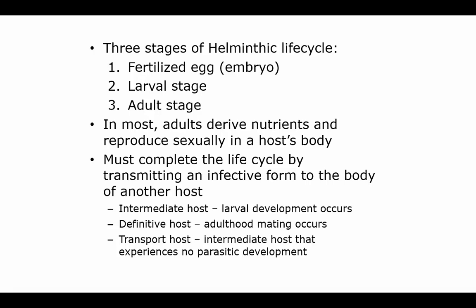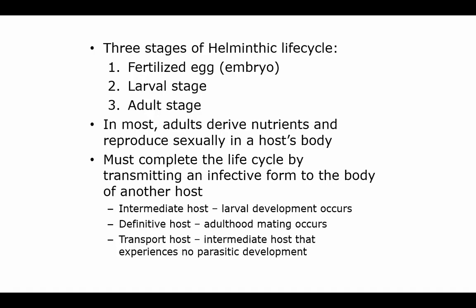Now, to look at the life cycle, we have first the fertilized egg, which is the embryo. Then that egg becomes a larva, and then it becomes an adult. And most of the adults get the nutrients and reproduce sexually inside the body of the host. And the way the life cycle is completed is they transmit that infective form to another host.